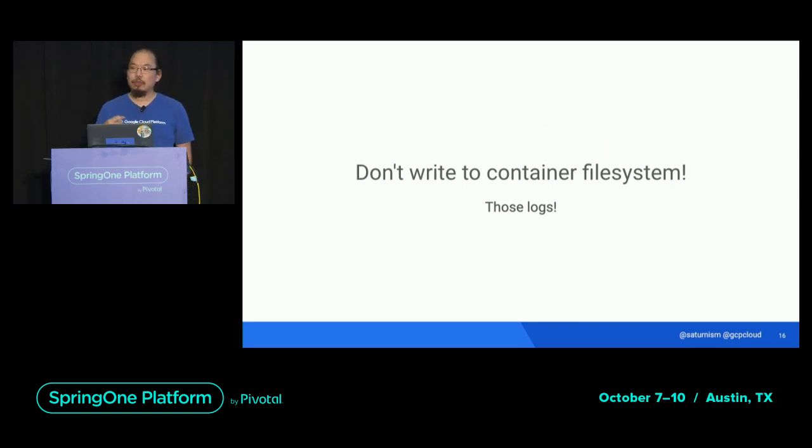But if you're packaging your own Tomcat or WebLogic or something else, most likely those app servers will be writing access logs or stdout to a log file. The problem with that is that in a container environment, we don't have any log rotators. There's nothing on the system that knows you're writing logs, and nothing is going to rotate them out for you. So they will just accumulate over time.